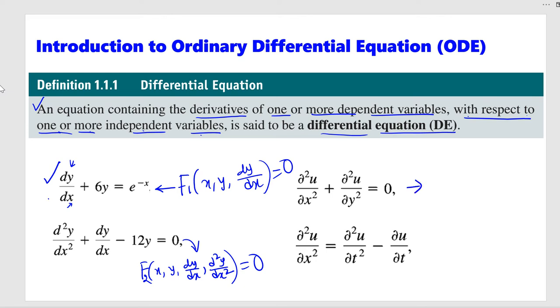But if we have partial derivatives, then we call it a partial differential equation. For example, here x and y are independent variables. Then there can be a function u, and also we have del u/del x, del u/del y equals 0. So that is another differential equation.